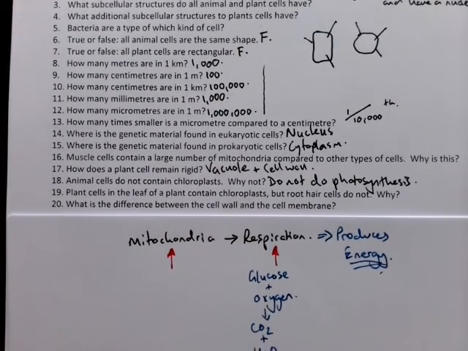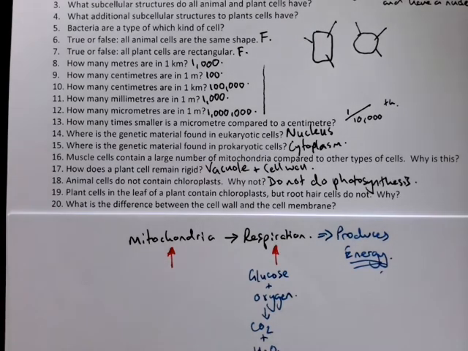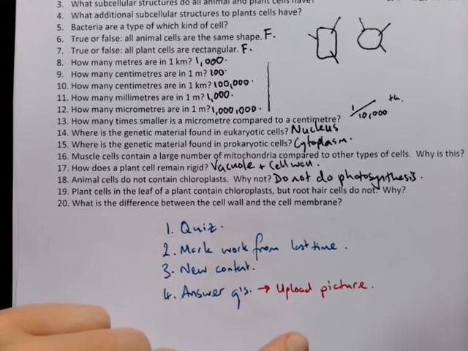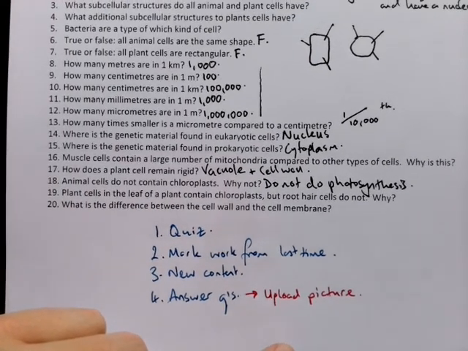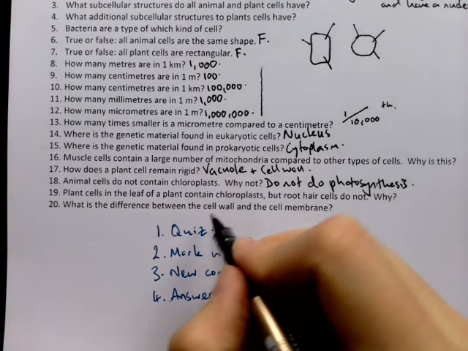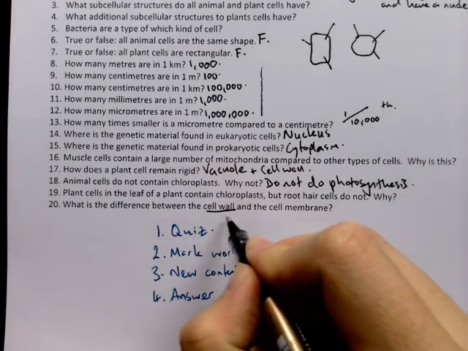And number 20, what is the difference between the cell wall and the cell membrane? So the main difference that you need to be able to tell me about is that the cell wall is for supporting the shape of the cell.